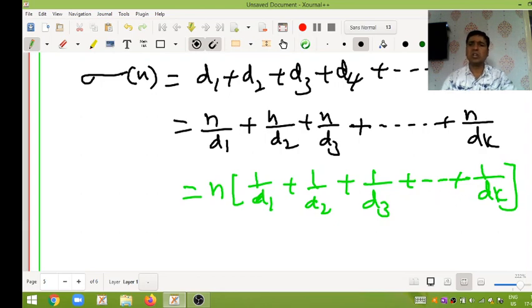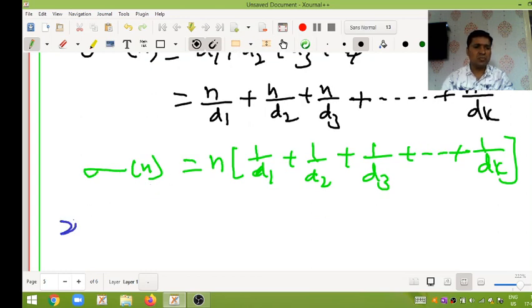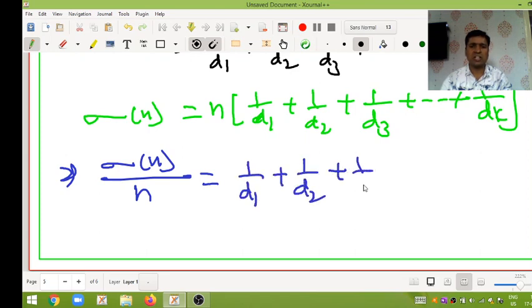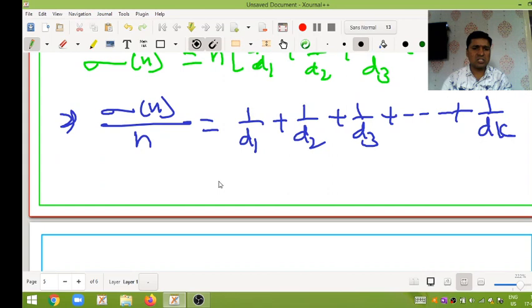So my dear students, on the left side sigma of n is already there. So in the next step, this n taken to the other side, n by n becomes a division, and the remaining is 1 by d1 plus 1 by d2 plus 1 by d3 and so on, plus 1 by dk. So this is nothing but the summation.